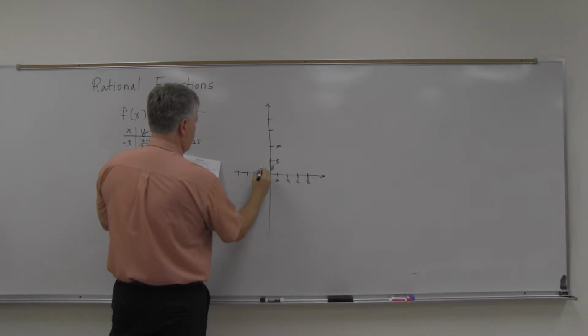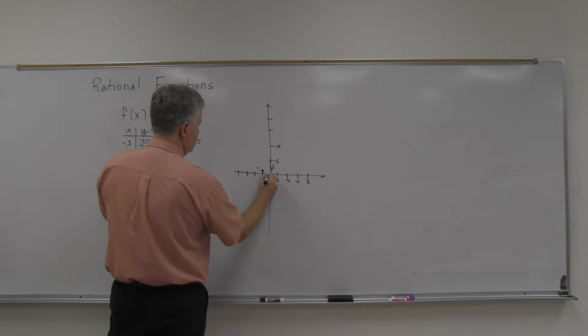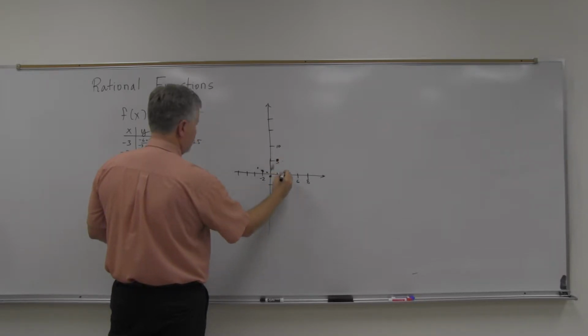So -3, I'm at 1 1/4. -2, I'm at -1, positive 1, sorry. -1, I'm at 1/2. 0, I'm at -1. Two, I'm at 5. And 3, I'm at 3 1/2.